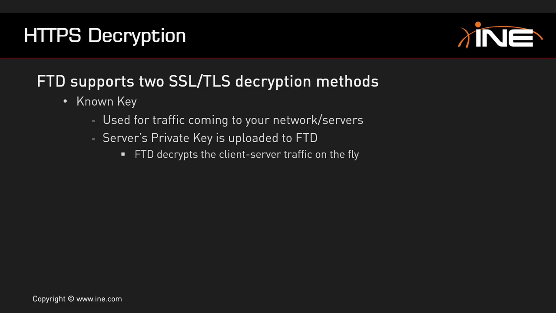Specifically, it is going to be the entire certificate of that server to the FTD. So if you plan to do the decryption on the traffic sent to 3 different servers, you'll have to upload 3 different certificates, each belonging to the respective server. And this is going to be needed so that FTD knows about the private key of a given server.